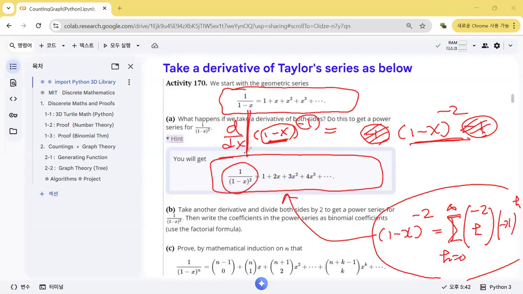And then take the right-hand side also. The derivative of 1 is now 0. The derivative of x is 1. The derivative of x squared is 2x. The derivative of x cubed is 3x squared. Likewise, by taking the derivative of each term, you can get the result.